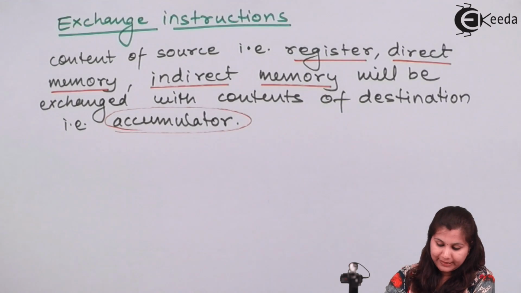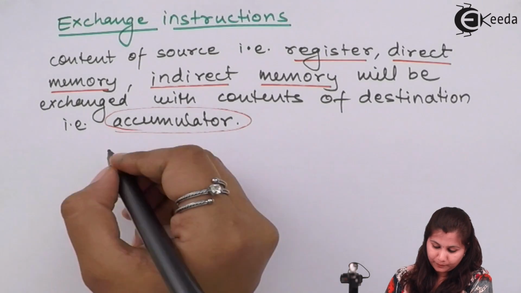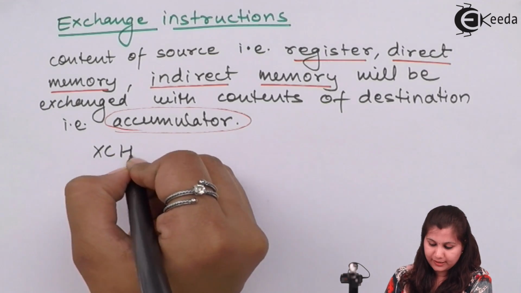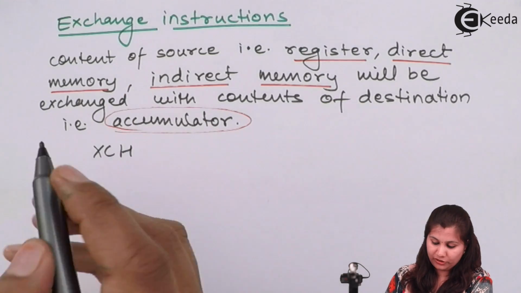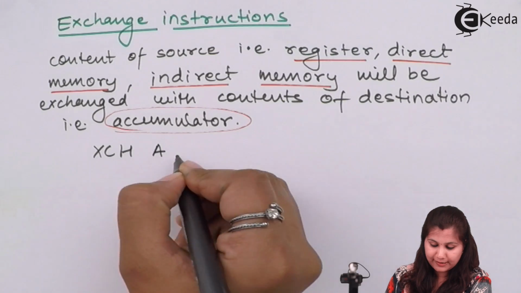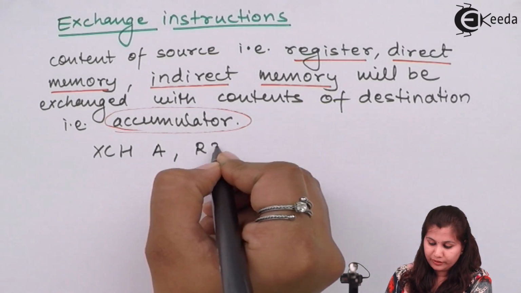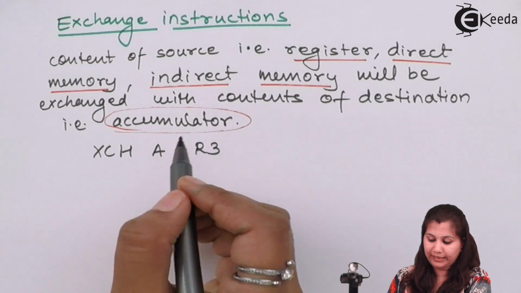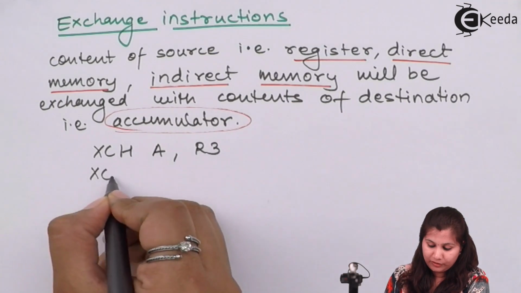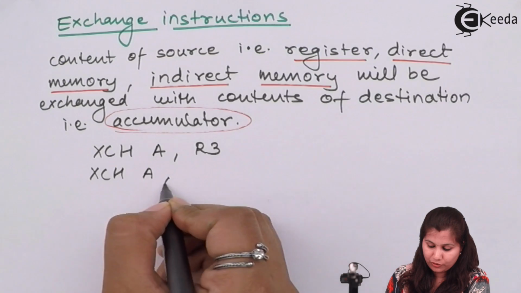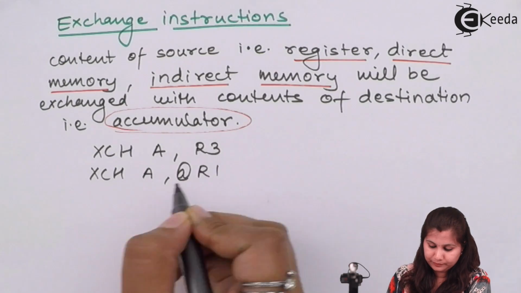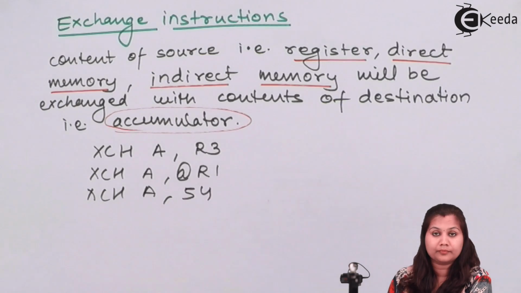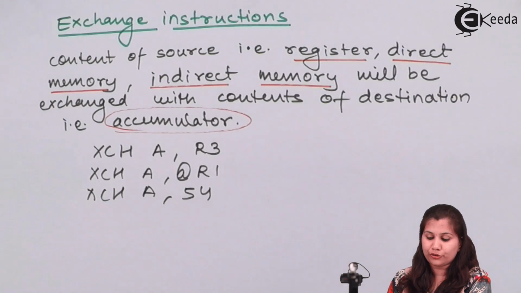If we talk about the examples here, we will have XCH, the mnemonic for the exchange instructions. The destination is our accumulator. We can have a register like the R3 register, we can have a direct memory location, and an indirect memory location also.